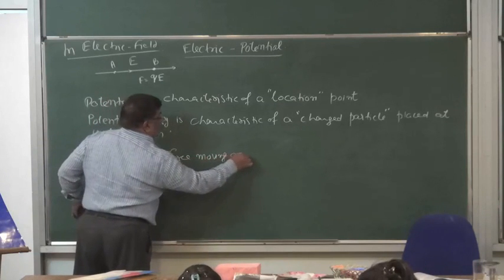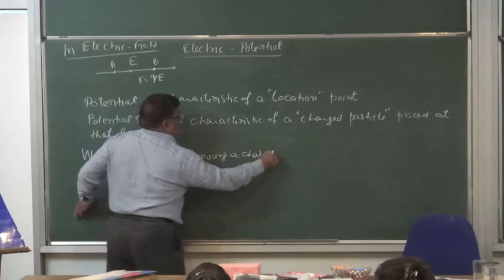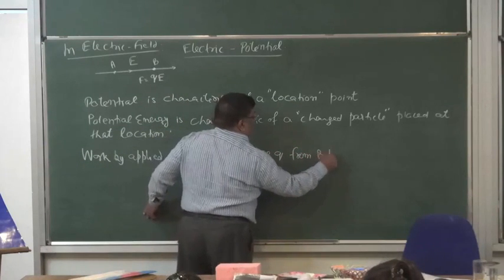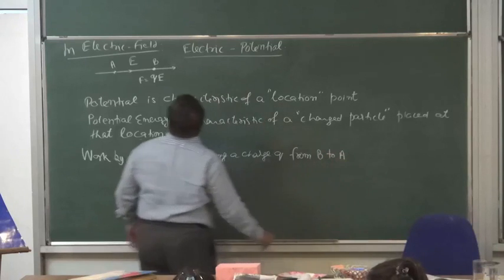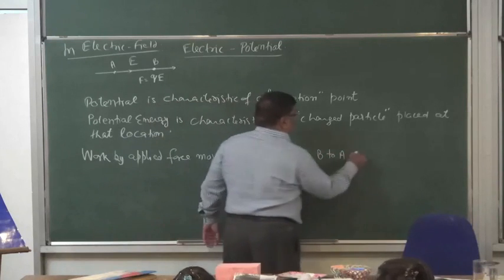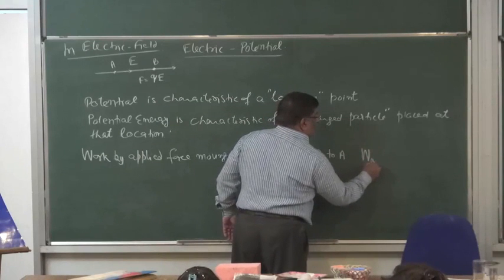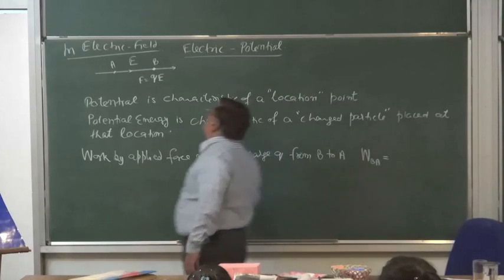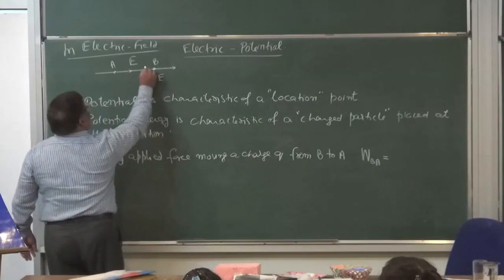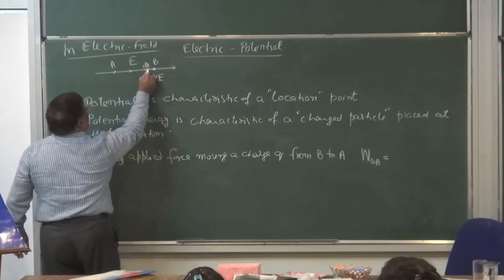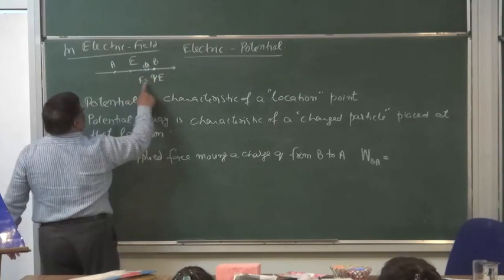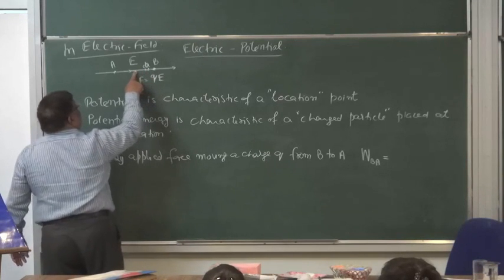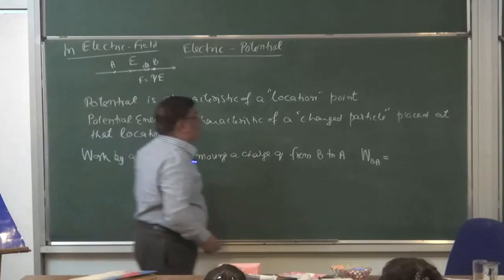In moving a charge Q from B to A, the work done from B to A is equal to, if the displacement is dr, then force multiplied by dr, or integration of all.